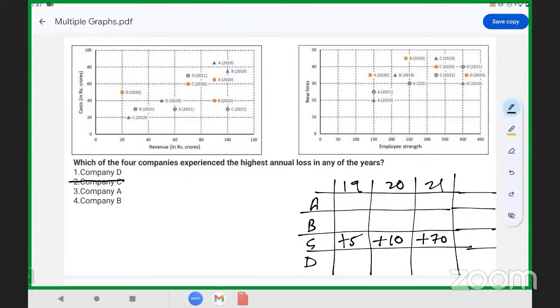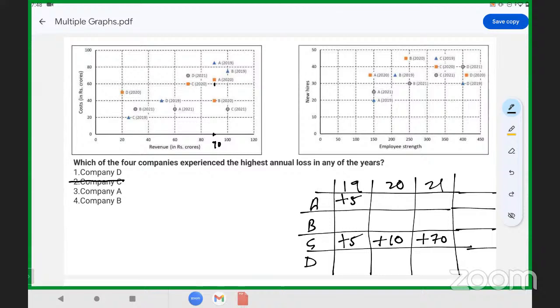A. So A in 2019 over here. So which means 90 crores in revenue and 85 crores in cost. Okay, so this will leave us with plus 5. Moving on to A in 2020. So where is A in 2020? It is over here again.